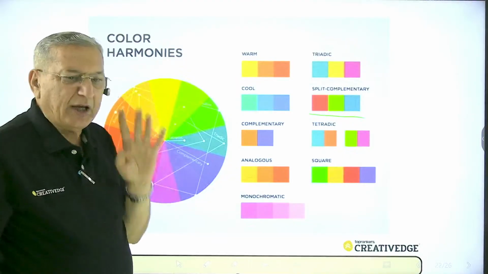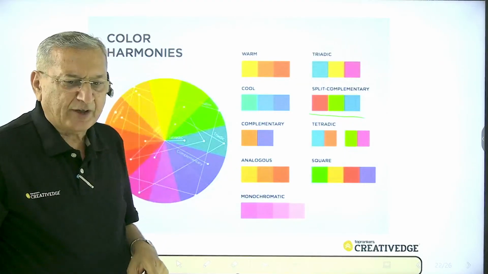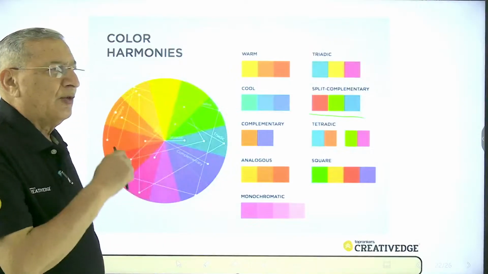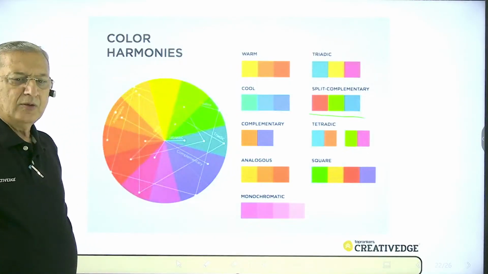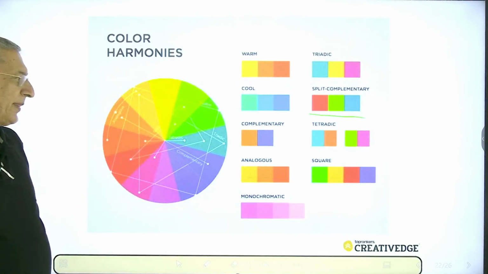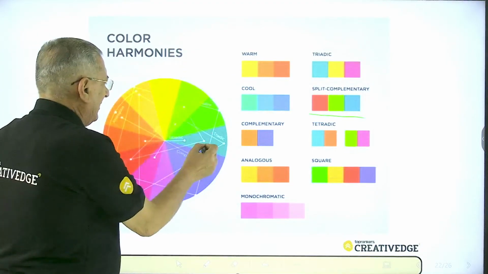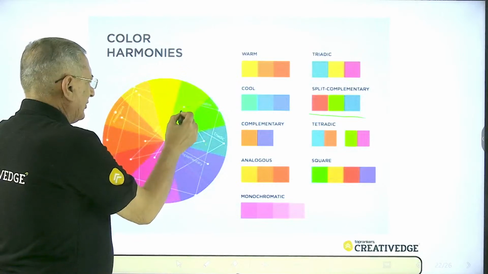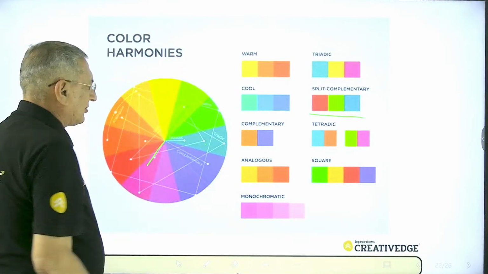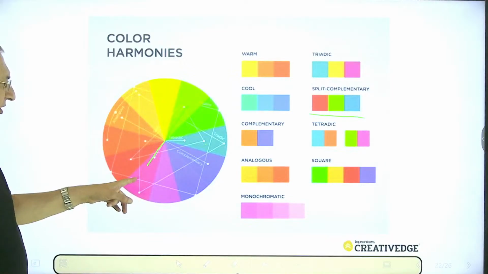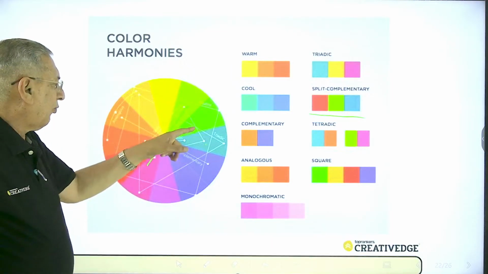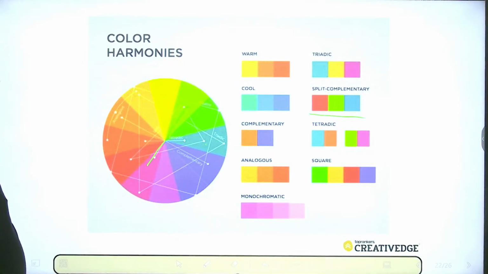Those are the pair of split complementary colors of one pair of complementary color, the split complementary pair of the opposite split complementary color of one pair of complementary color.